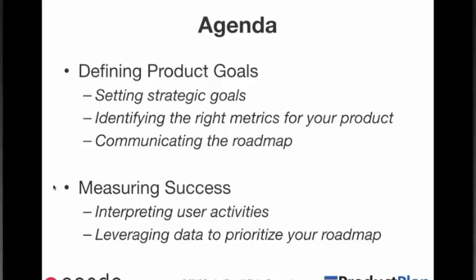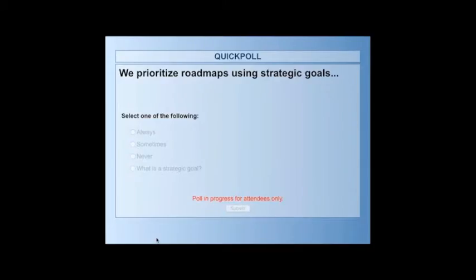Okay, terrific. So the next thing we're going to do is I'm going to talk a little bit about setting those product goals. But before we do that, I'd like to run another really quick poll here about how and whether you prioritize your roadmap and your product strategy based on strategic goals.